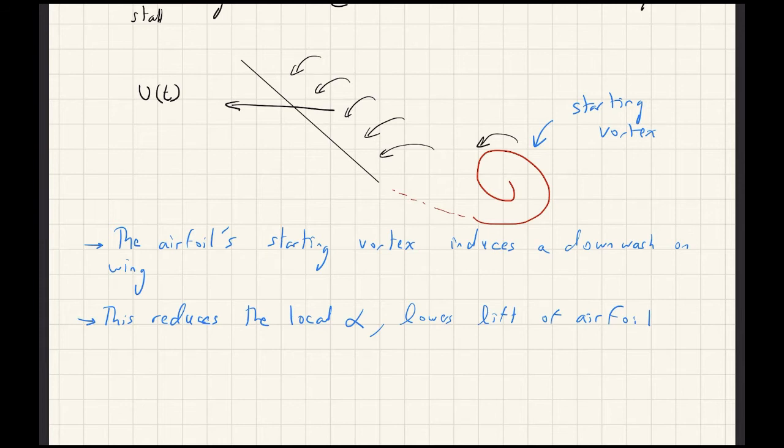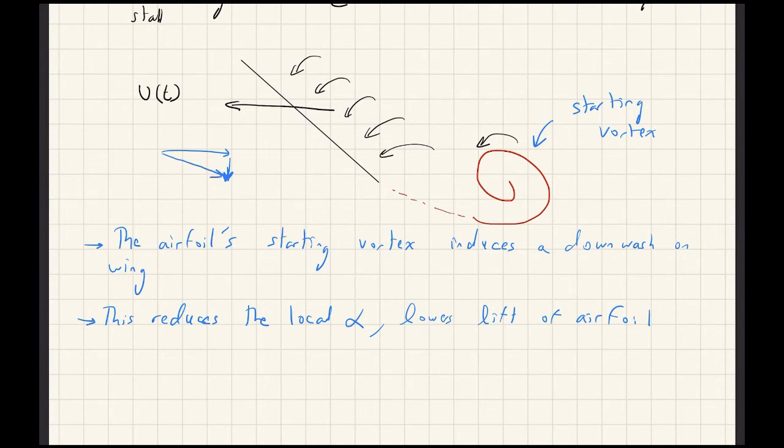It does lower the lift of the airfoil. But, I mean, intuitively this makes sense. If you have a sort of a free stream velocity in this direction causing some angle of attack, the downwash causes a downward component that sums with that free stream velocity, changing its direction.